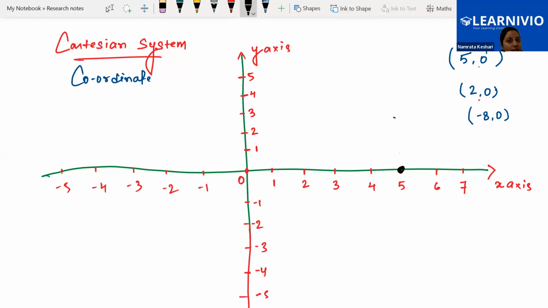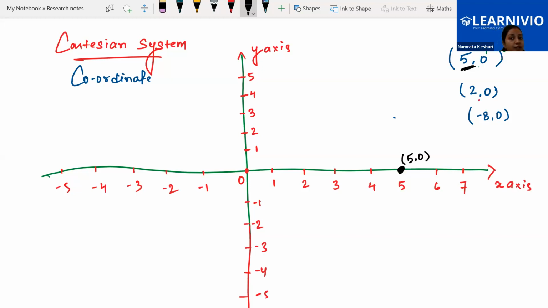On the x-axis only 5 is there, that means 5 we have taken. On the y-axis, what is the number which we have to locate? Nothing. 0 means nothing. So this is the location of 5, 0, because nothing is there on the y-axis.